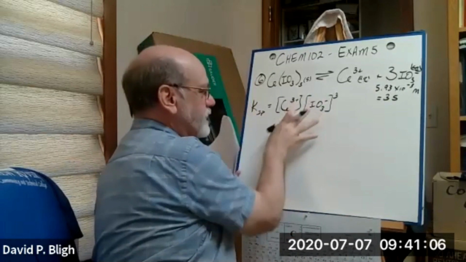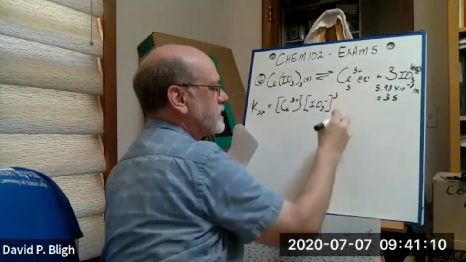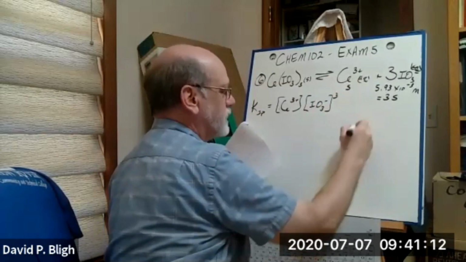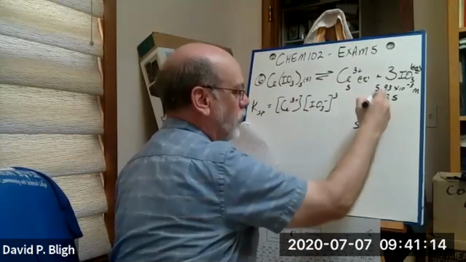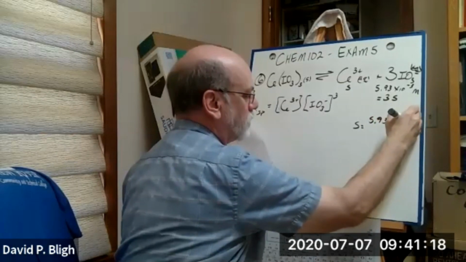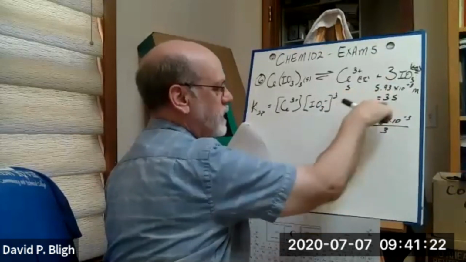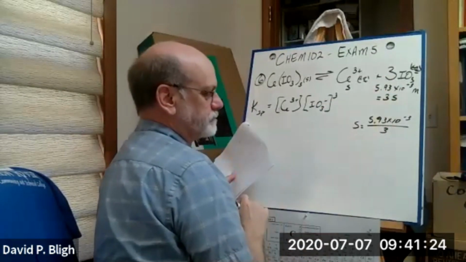So in order to calculate this, we need to know what that is. So if this is S, what would it be equal to? Well, S then would be 1/3 of this. If that's 3S, then this is a third of that value. Right?